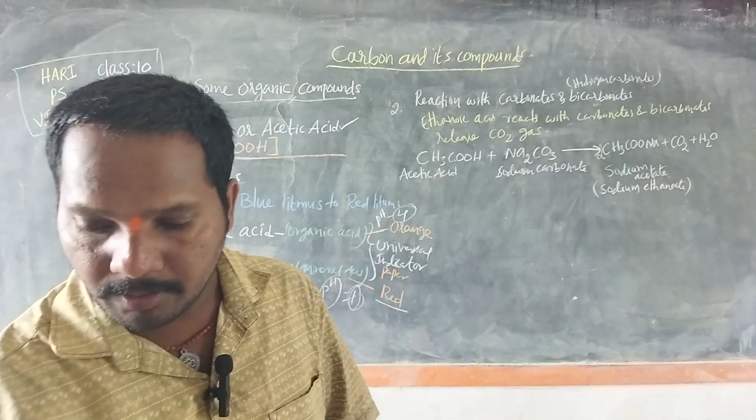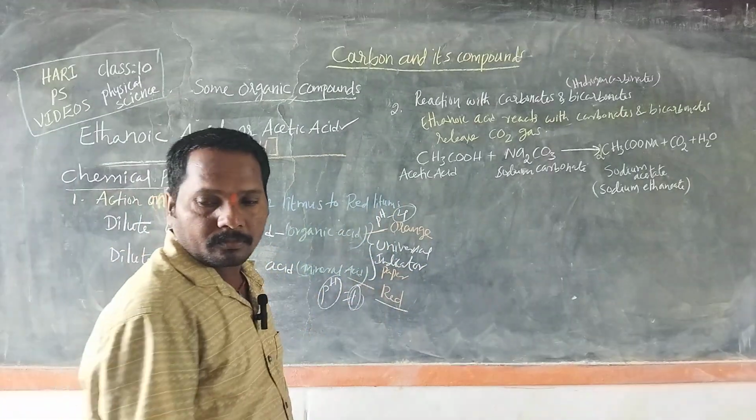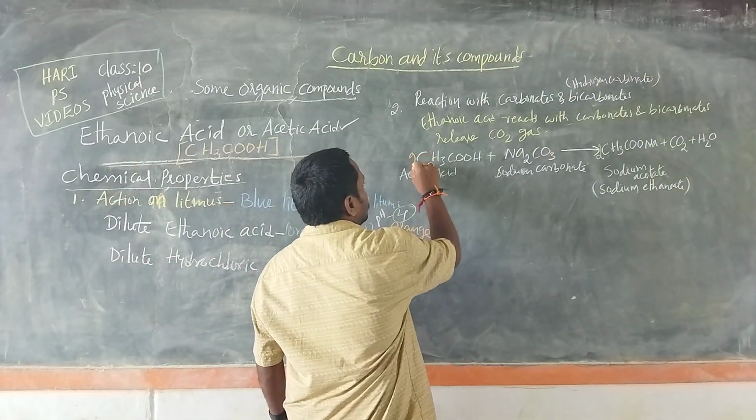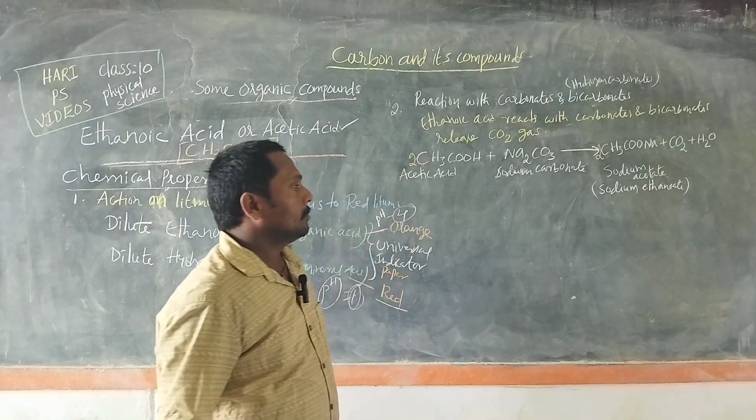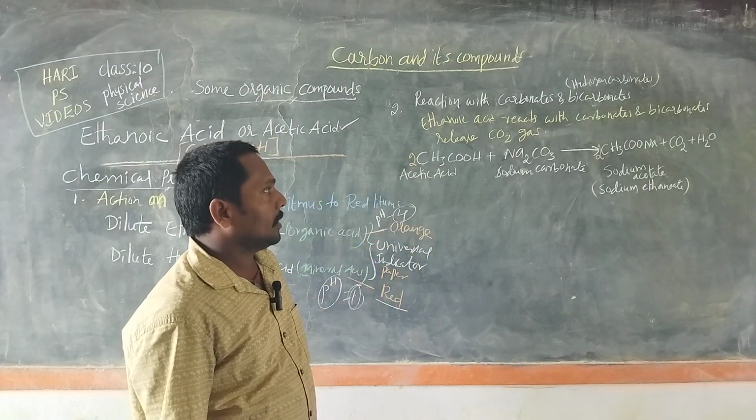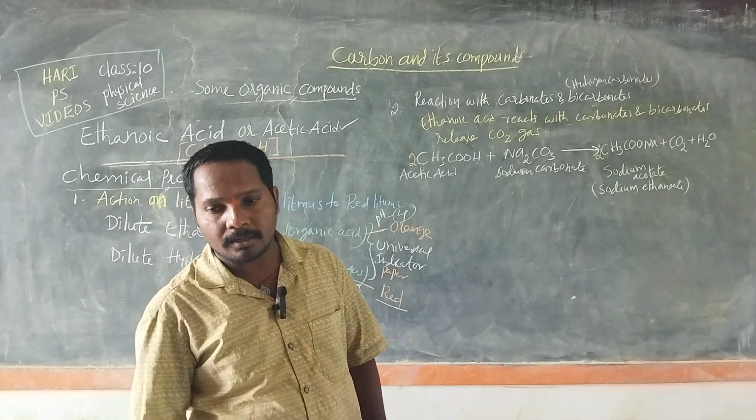The balanced equation is 2CH3COOH plus Na2CO3 gives 2CH3COONa plus CO2 plus water.